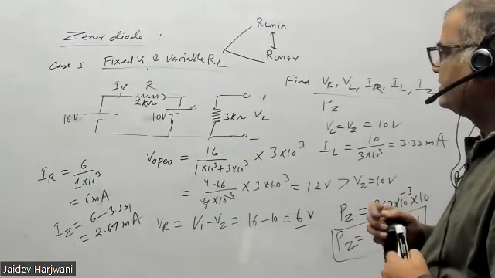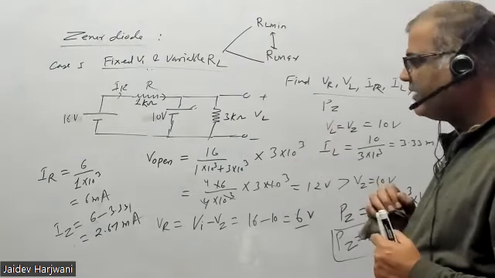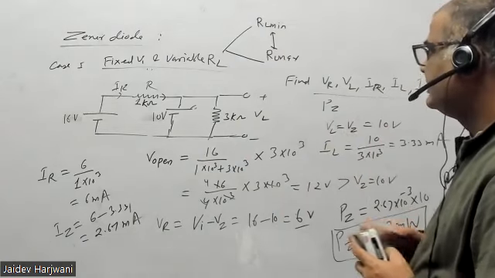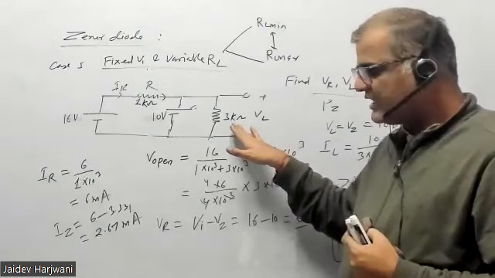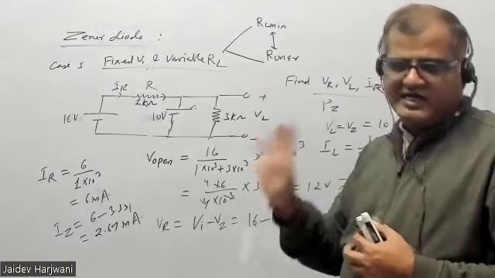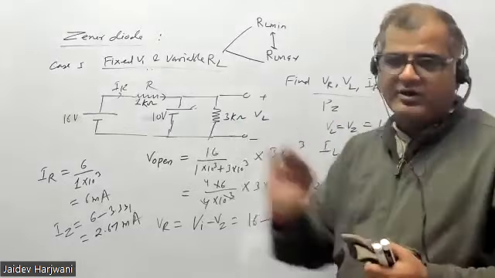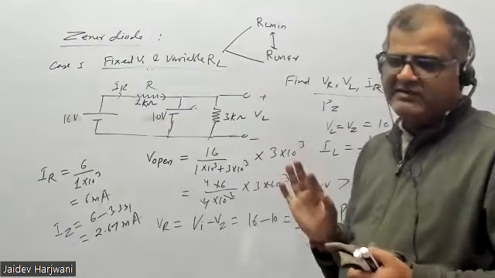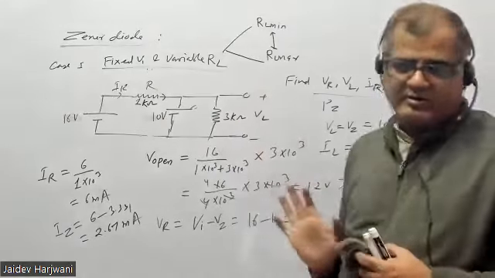Okay, so now first we'll see what RL minimum is. Now here I have seen that when I put 1.2 kilo ohm, it is not on. I put 3 kilo ohm, it is on. In between those two limits, there will be some value where this Zener diode will be exactly on.